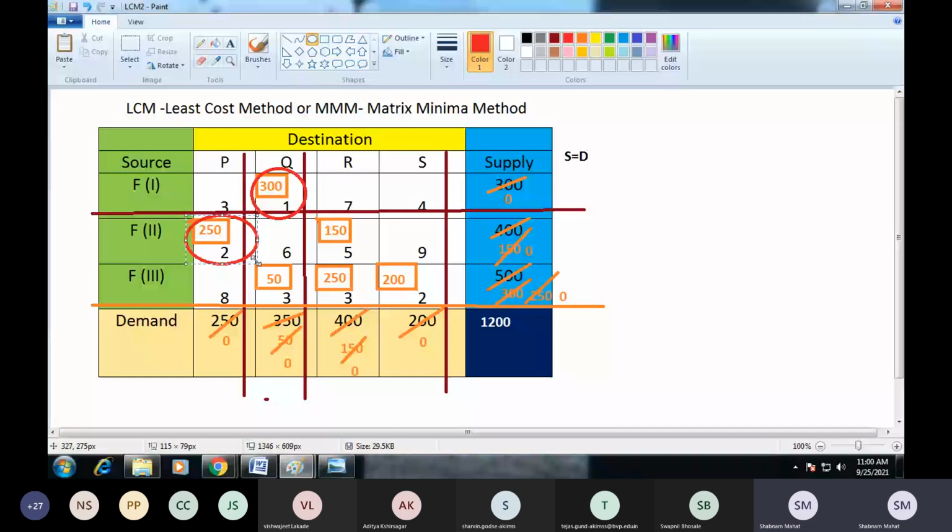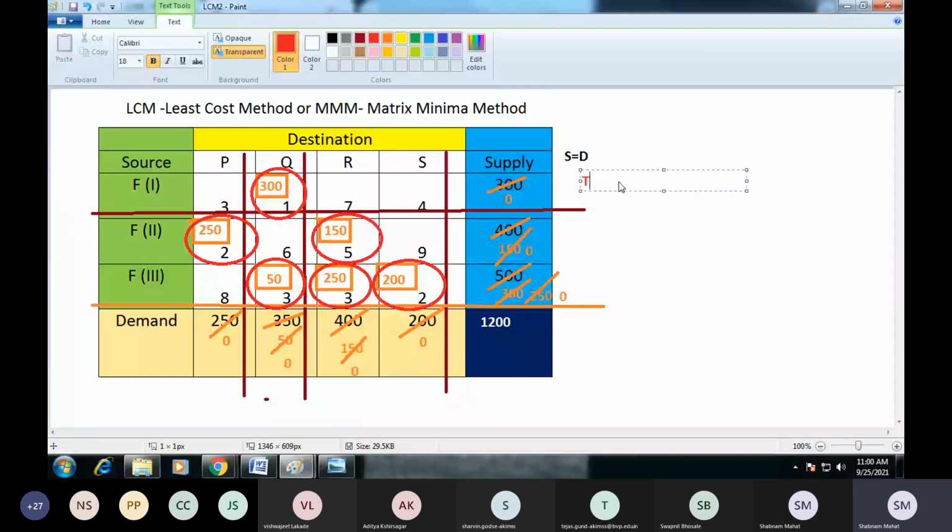This one, this one, and this one, the last one. Check that and write down all values for the transportation cost. One by one, you have to write.